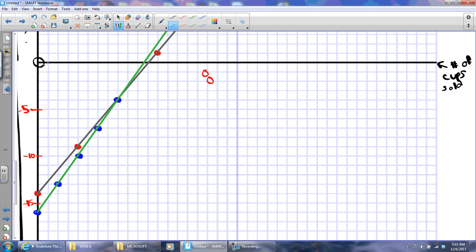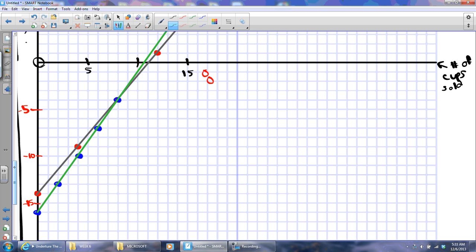We know we're counting by ones. 1, 2, 3, 4, 5. 1, 2, 3, 4, 5. So there's 10 cups. And 1, 2, 3, 4, 5. 15 cups. It looks like they're going to make a profit after they sell 11 cups.